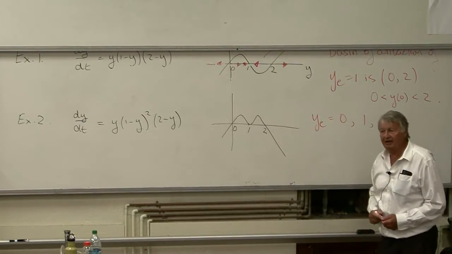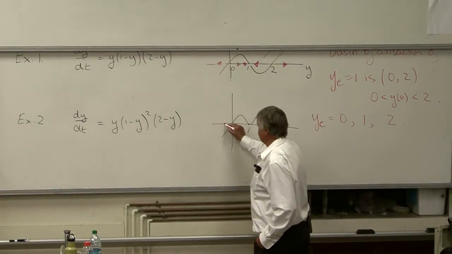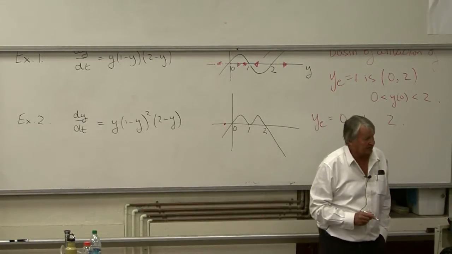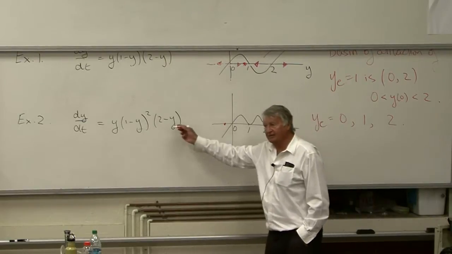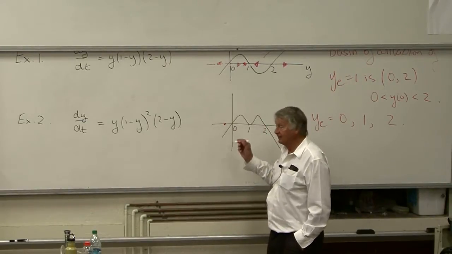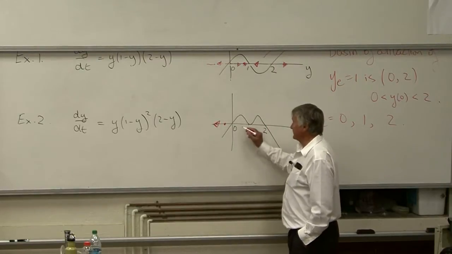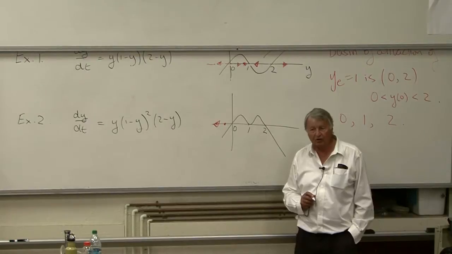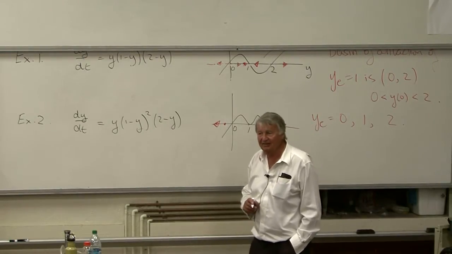Now let's put in our arrows. If I start over here, with any y of 0 less than 0, which direction will I go, to the left or to the right? To the left. If I start anywhere between 0 and 1, which way will I go, to the left or to the right?